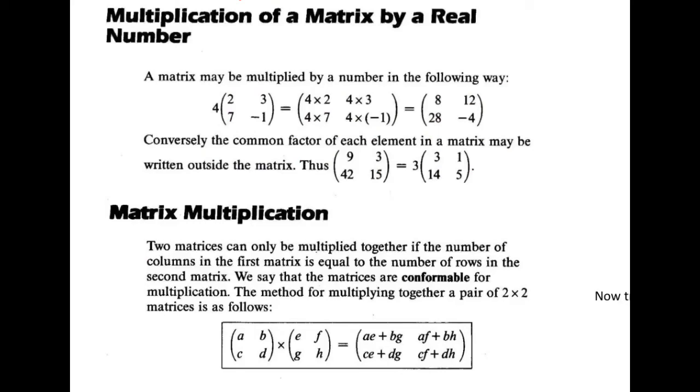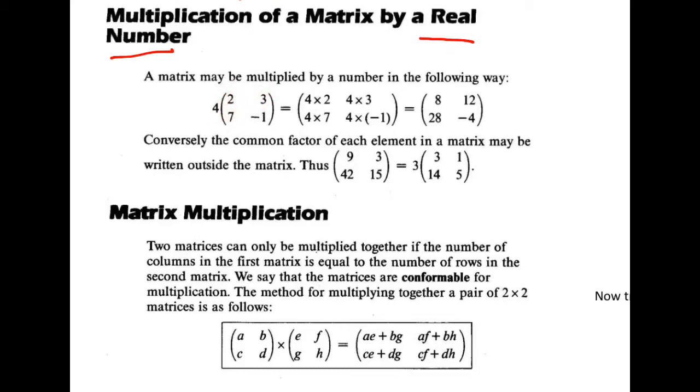You can multiply a matrix by a number, any matrix. You can multiply it by a real number, and the way you do that is this number here, for example 4, you multiply it by each single element of that matrix.